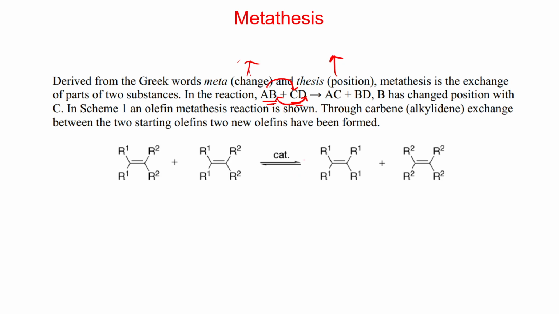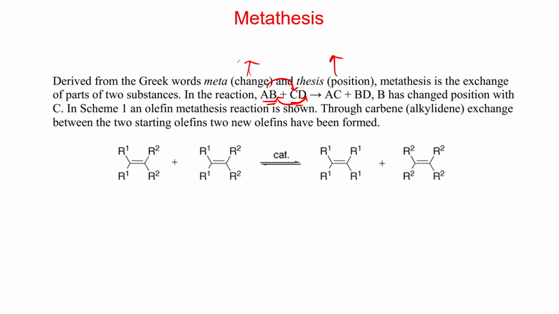So these are the possibilities of metathesis. Here B changes position with your C and vice versa. So through carbene exchange between two starting molecules, this actually forms.